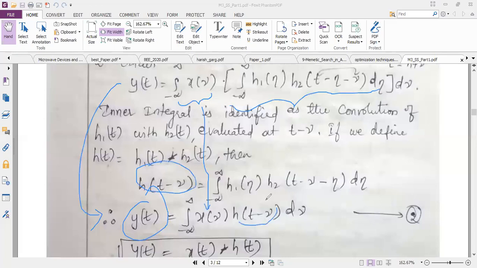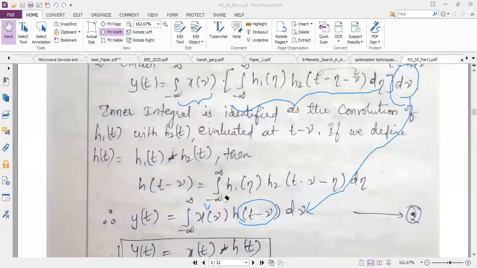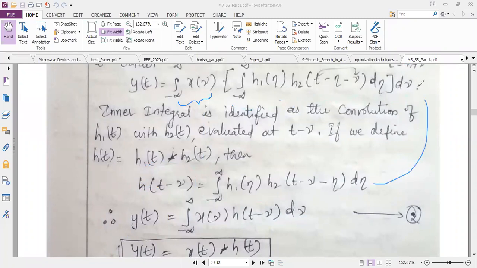So I have written here h of t minus mu into d mu. I think you do not have any doubts here. So I successfully got my output y of t equal to the integral of x of mu into h of t minus mu into d mu. Or you can say that you are substituting this h of t minus mu in the y of t equation so that you get the new y of t equation.